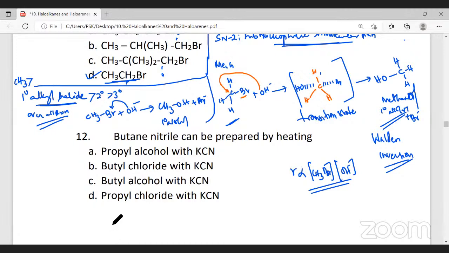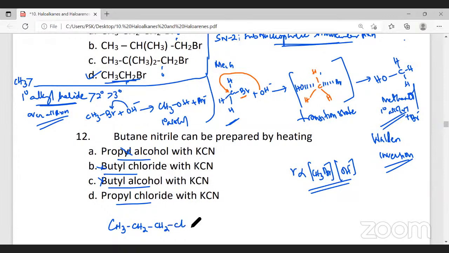Butane nitrile should have 4 carbon atoms, so I cannot take a reagent which already has 4 carbon atoms. So option B and option C are ruled out. Now, this should be propyl alcohol and propyl chloride. You cannot react alcohol with cyanide, so this also is ruled out.